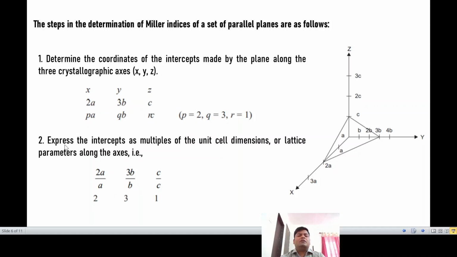Now we can express the intercept as a multiple of the unit cell dimension, as a multiple of a, b, c, or the lattice parameter along the axes. After dividing the distances in terms of translation vectors by the unit cell dimension, that is a, b, c, we will get the numbers 2, 3, 1.